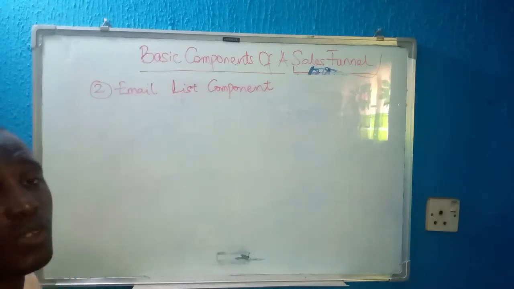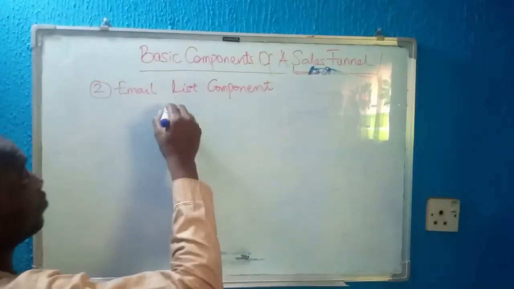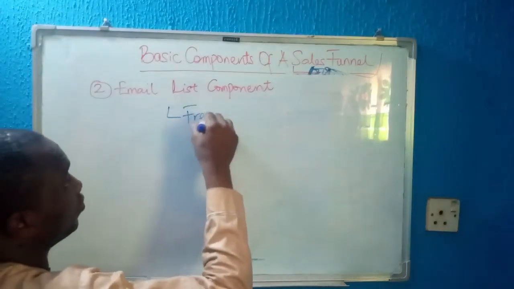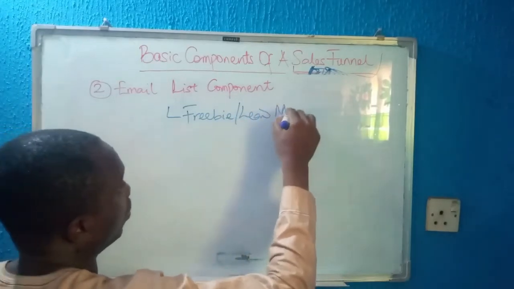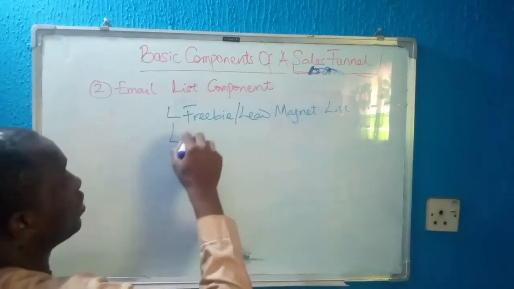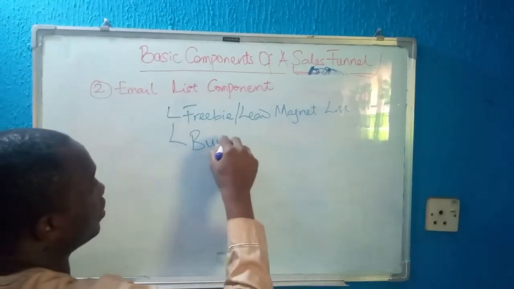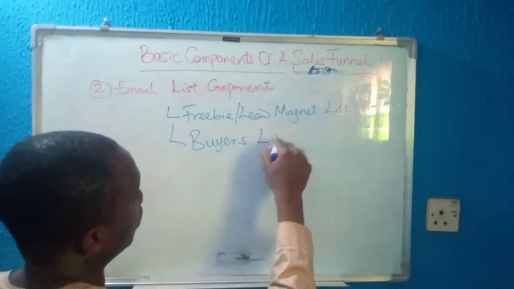And this email list component is further divided into two parts. The first part is the freebie or lead magnet list, while the second part is the buyers list.